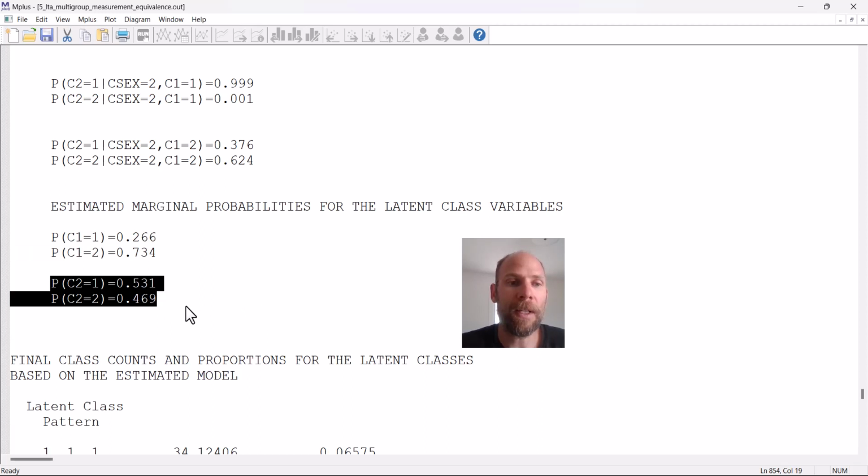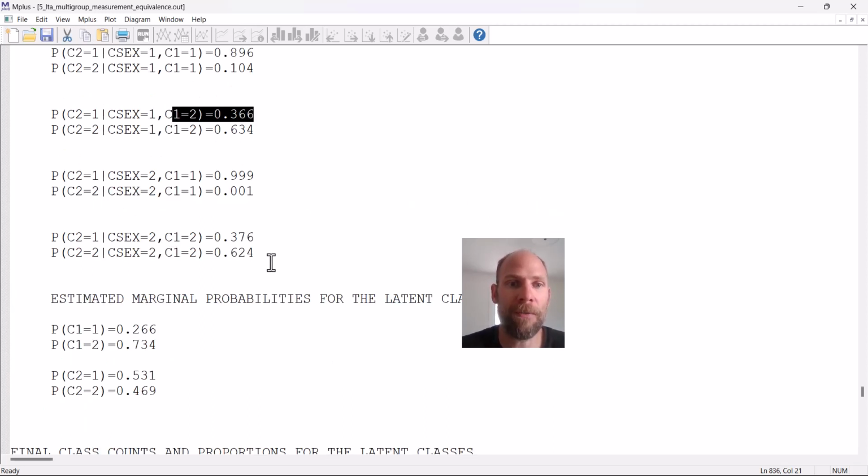At time 2, class 1 was the larger class then with 53%, and class 2 was then the slightly smaller class with 46.9%, and that reflects again the fact that there were quite a few transitions here from the lower performing class to the higher performing class in both gender groups, and so therefore the class size of the higher performing class over time increased because there was an influx of participants from the lower performing class into this class, and so the lower performing class became smaller, the higher performing class became larger across time.